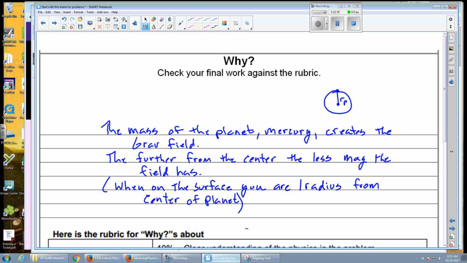Right? And that's a little fact that shows you understand that they're not right on top of each other. Can I move forward? Is that good?